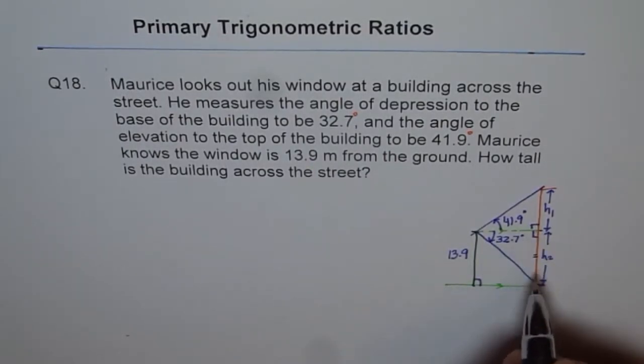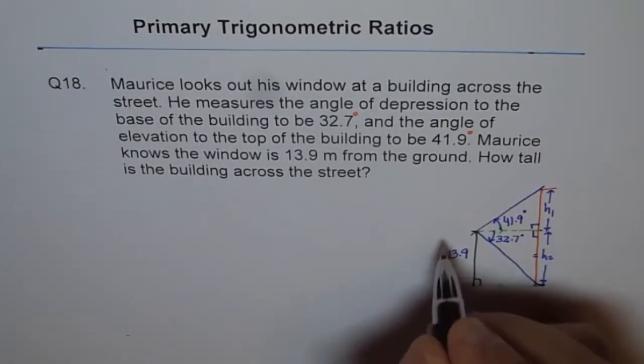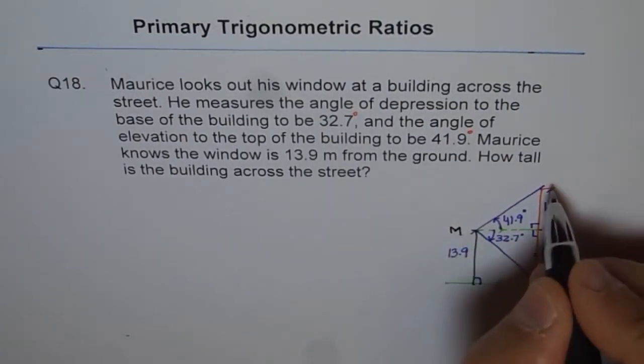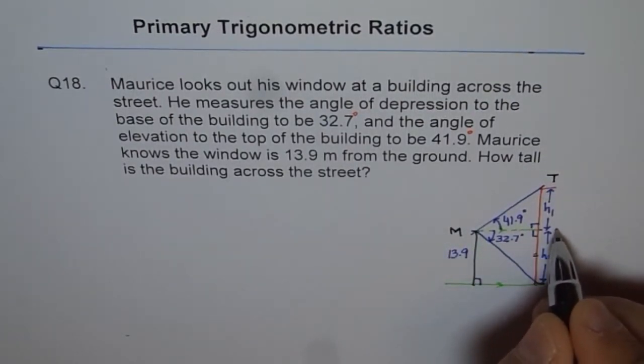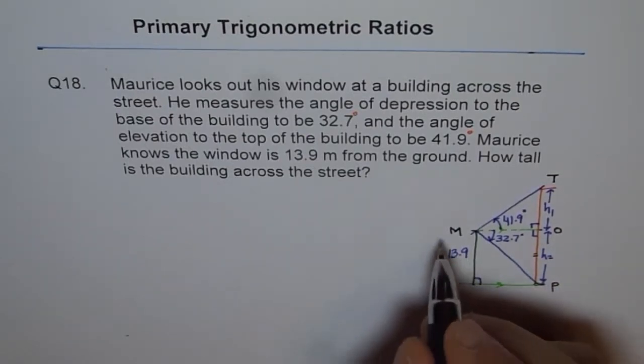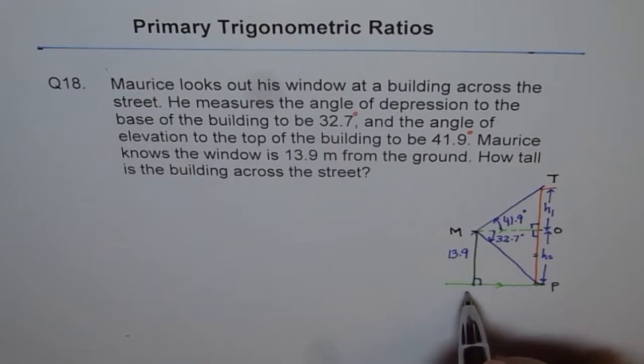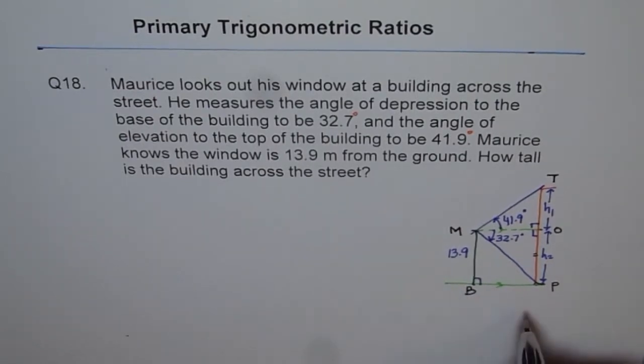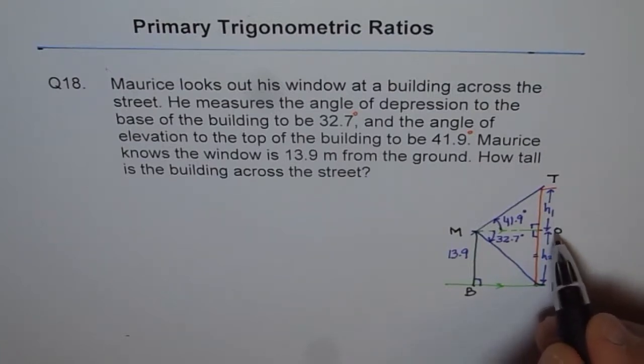So in this diagram, let's label it first. Let's say this is Morris M, and this is the tall building, let's say the top T, and this is our base B. Now what we need to find is OP.